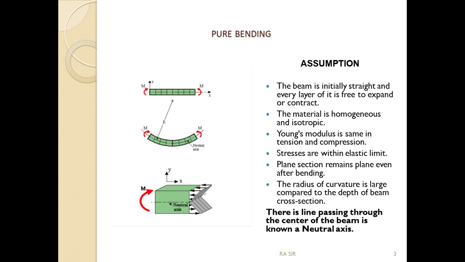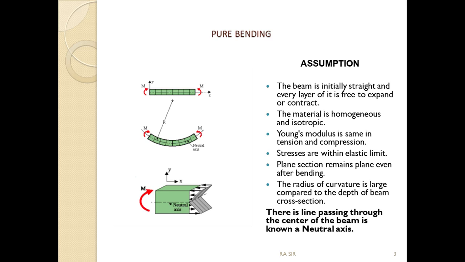The radius of curvature, that is the radius with which the beam is getting bent, is much larger than the depth of the beam. And there is a line or a layer passing through the center of the beam which is known as the neutral axis. Remember, in the neutral axis there will be no effect of forces, that is no compression, no tension, no deformation. The neutral axis is technically free from all deformations and all forces.